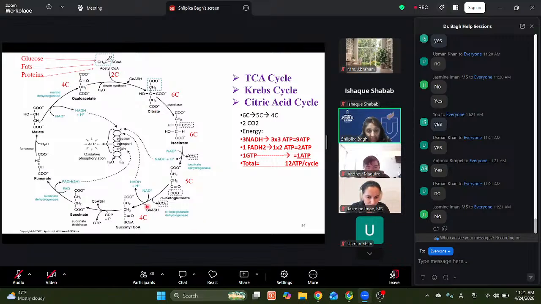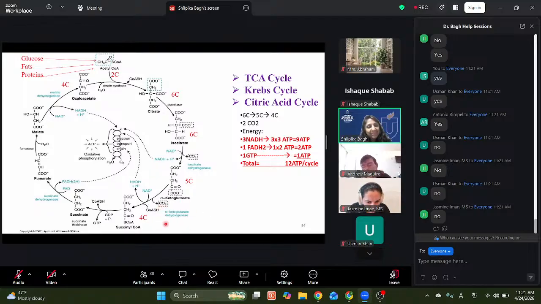Does this enzyme require riboflavin? Who's saying no? This is TCA cycle fun, right? Yes, so this also requires riboflavin, but this does not require riboflavin. You understand my point? Malate dehydrogenase does not require riboflavin. This requires riboflavin.